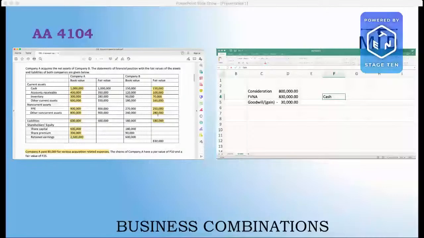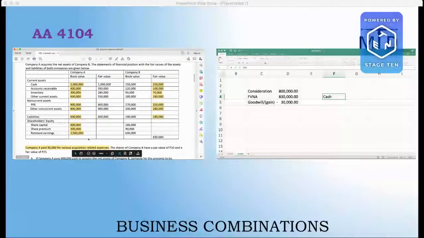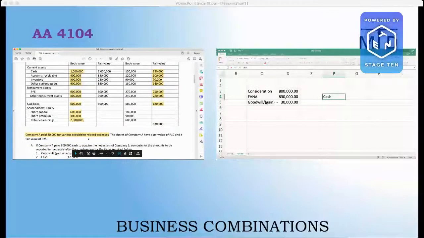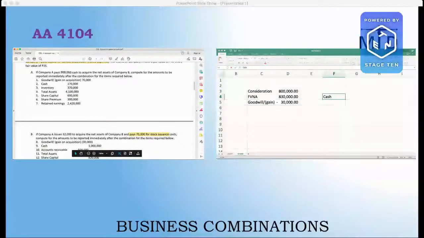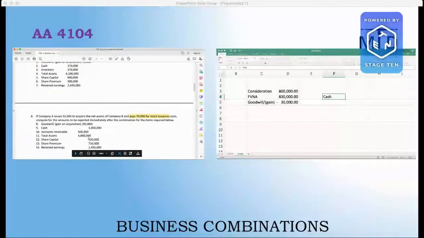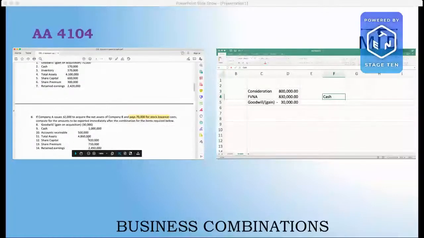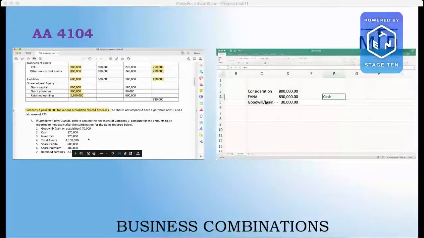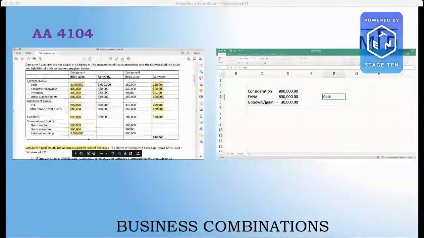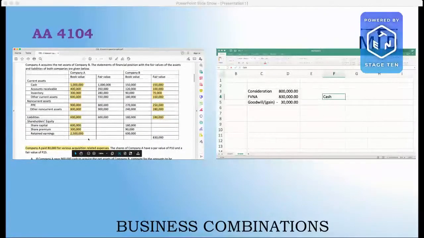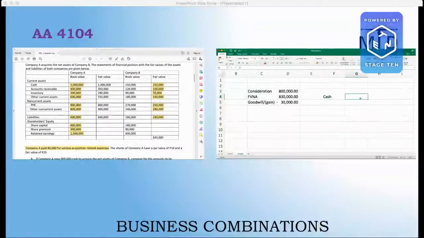So aside from deducting the 80,000, you would also have to deduct the cash payment for stock issuance costs in the amount of 70,000. So the complete computation for our combined cash is 1 million plus 150 minus 80 and minus 70,000. And that would give you 1 million.